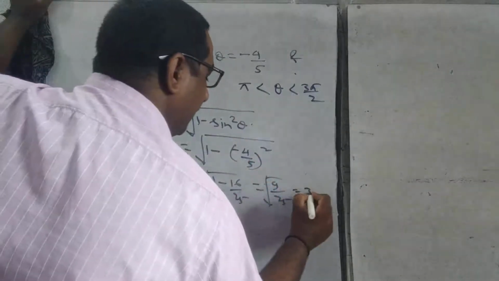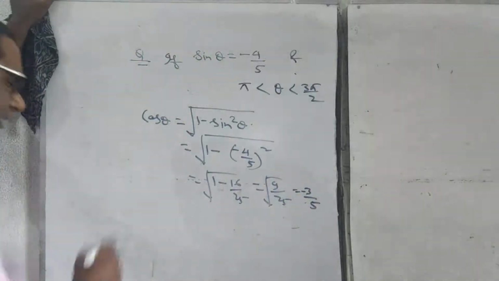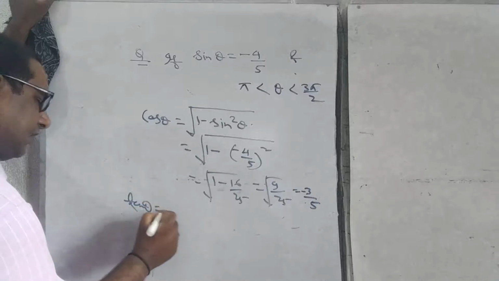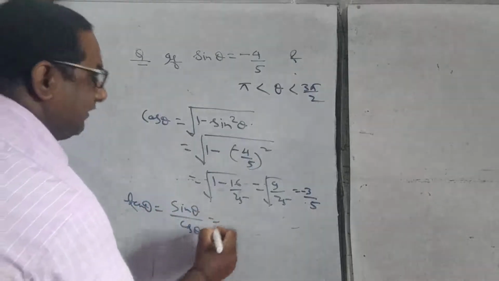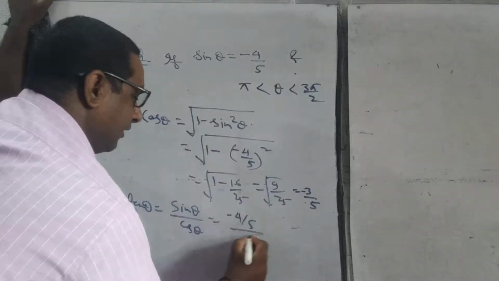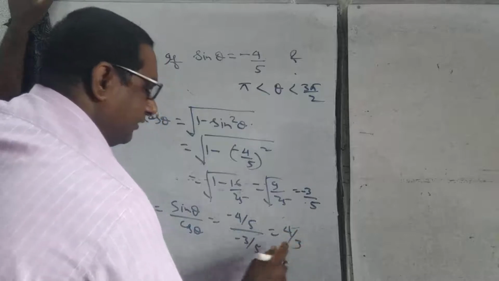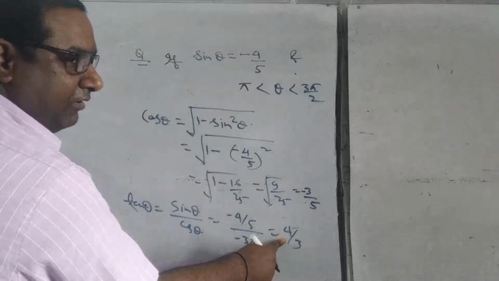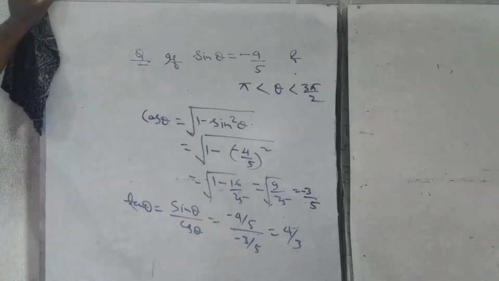So we are going to take minus 3 by 5. Okay. Now how is tan theta evaluated? This is sin theta by cos theta. Sin theta is minus 4 by 5. Cos theta is minus 3 by 5. So it is equal to 4 by 3. But see, this is positive. Hence, the value is coming according to the third quadrant.